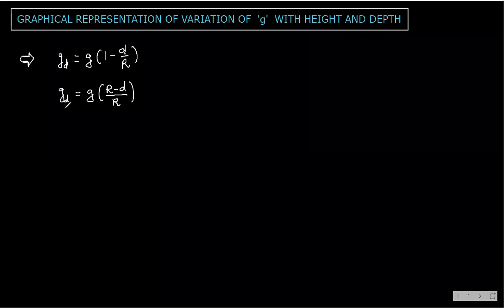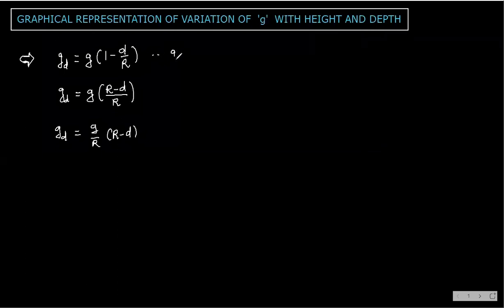So that's why I have written g_d is equal to g into (R minus d) by R. Now, can I take that R outside the bracket? So therefore g_d is equal to g by R into (R minus d). Can I write like this?